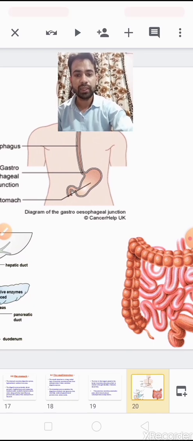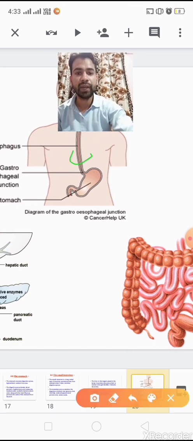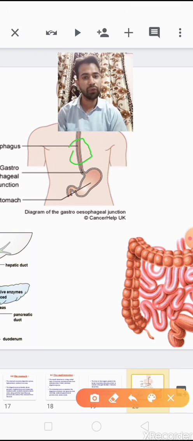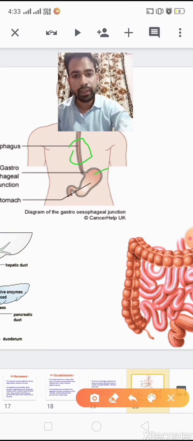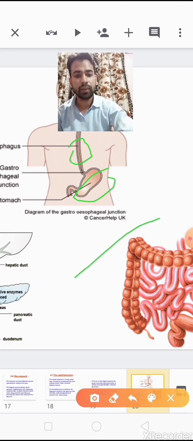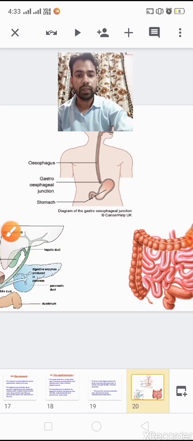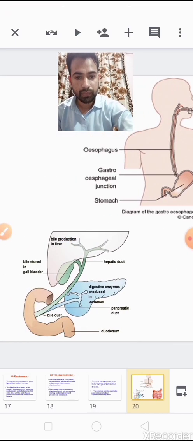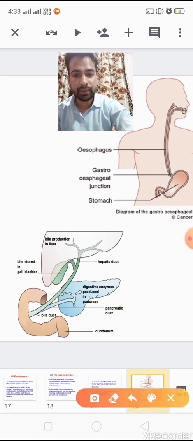First one is the esophagus, which is a food pipe by which food is passed to the stomach. Now next one, this is the pancreas.